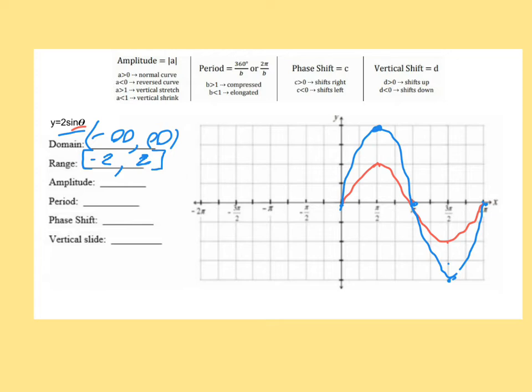So the amplitude is the distance from our highest value to the midline, which in this case is now 2. It was 1 before, but now it's 2. Period. Our period doesn't change. Our period is still 2 pi. We ran from 0 to 2 pi. Phase shift, none. Vertical slide, none.